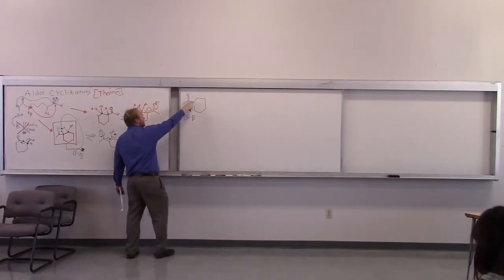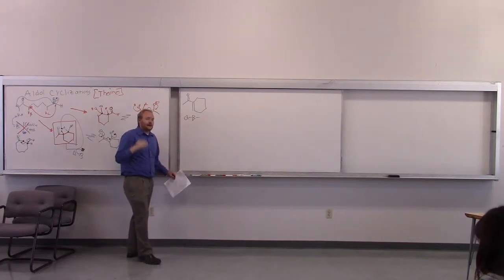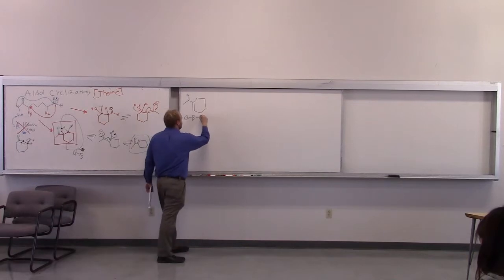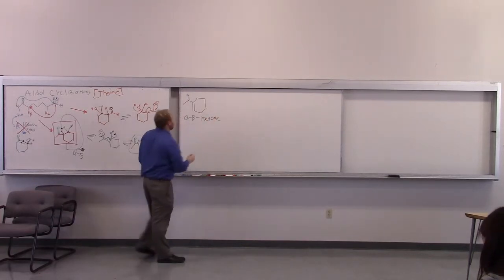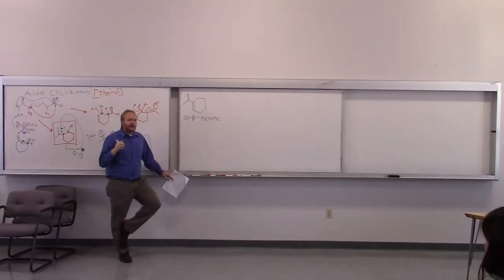So beta carbon, alpha, beta unsaturated. Unsaturated meaning they have fewer H's than they can optimally have. So unsaturated is a key word for saying double bond somewhere. So alpha, beta unsaturated ketones and aldehydes have another kind of interesting reactivity.